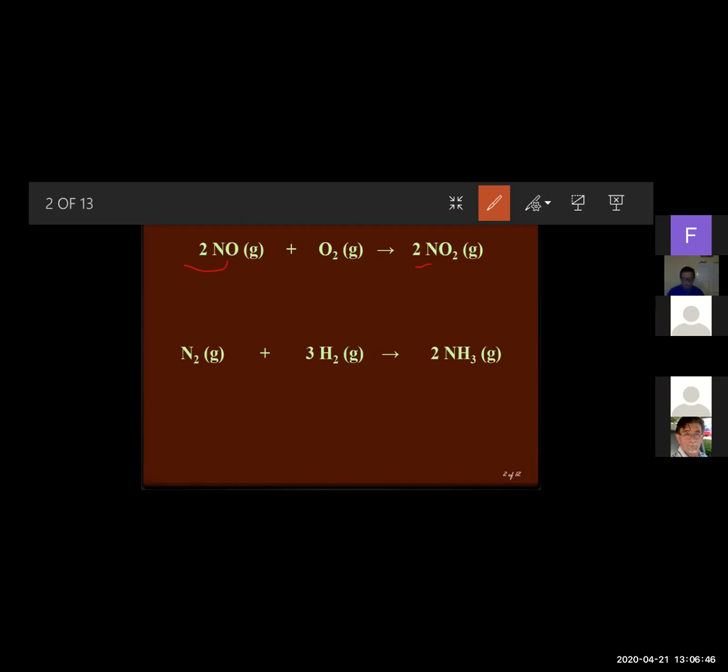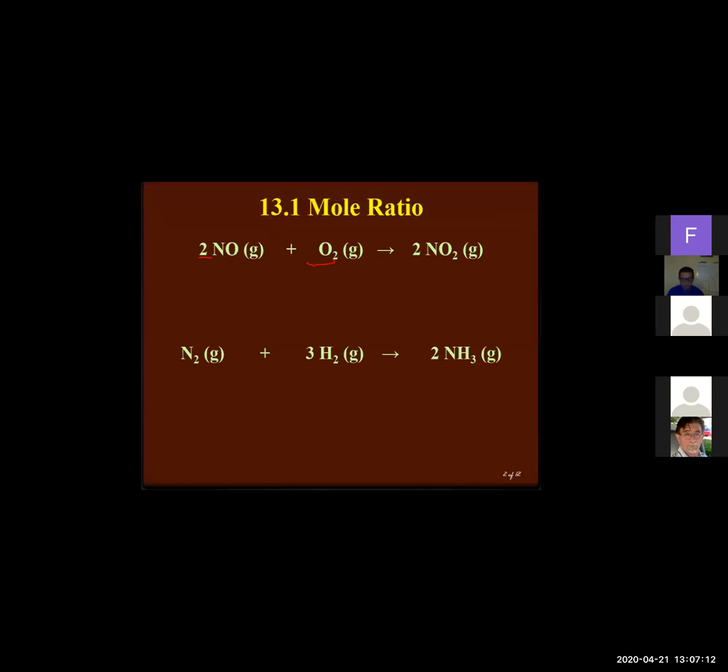Now the relationship, what's called the stoichiometric relationship, is that coefficient. There's 2 of NO required for every 1 molecule of oxygen. There's not a number in front of oxygen gas, but it's understood there's a 1 there. So that relationship is 2 to 1.